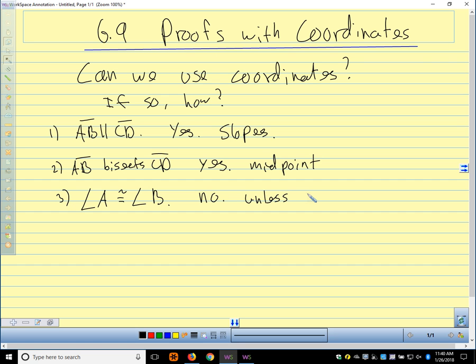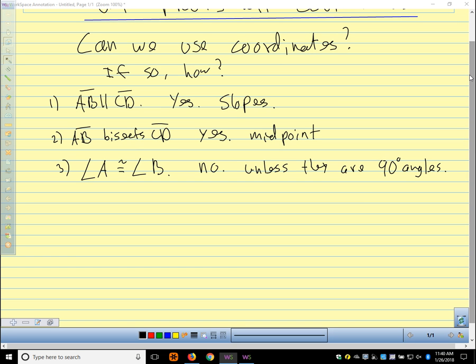If they were 90-degree angles. Because then we could use slope to figure out that they're 90-degree angles. If each one of them is a 90-degree angle, then we could say that they were congruent. But for the most part, we can't really use coordinates to figure out anything about angles, unless they're 90-degree angles.